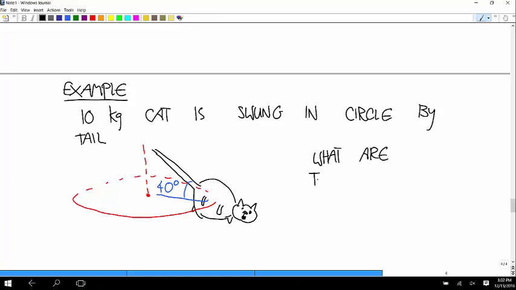What are the speed of the cat and the tail tension?